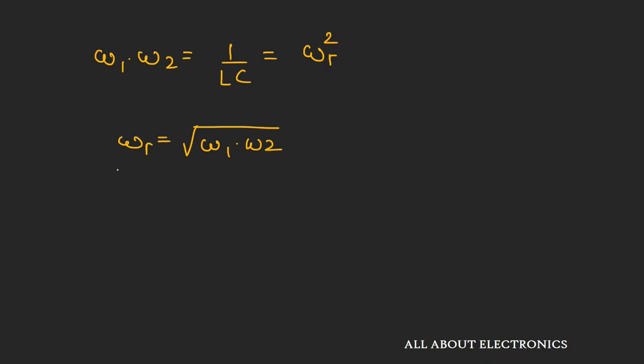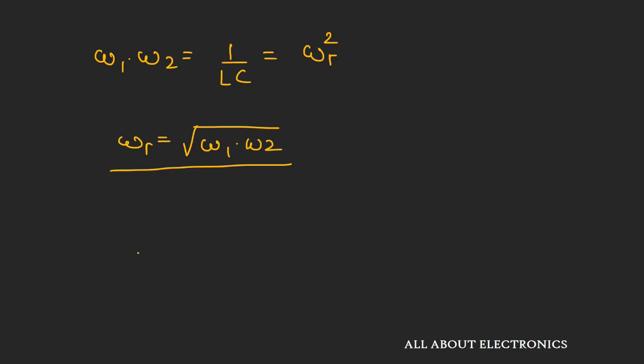So omega 1 into omega 2 is nothing but 1 over LC, and this 1 over LC is nothing but omega r square, that is the square of the resonant frequency. So omega r can be written as under root omega 1 into omega 2. This is the relationship between the upper and lower cutoff frequencies and the resonant frequency.